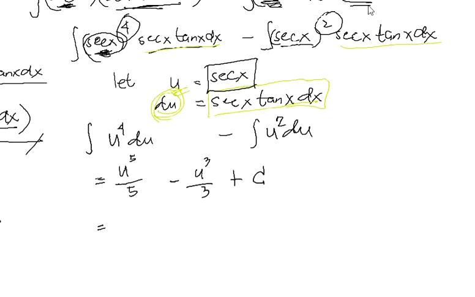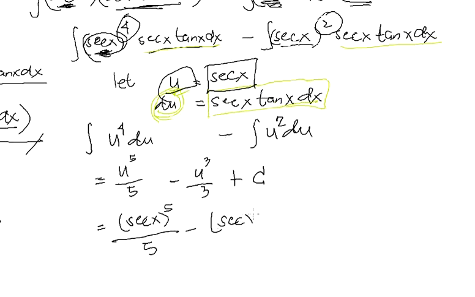So our u is equal to secant x, so we have secant x raised to 5 all over 5, minus u once again, which is equal to secant x raised to 3 all over 3, plus c.